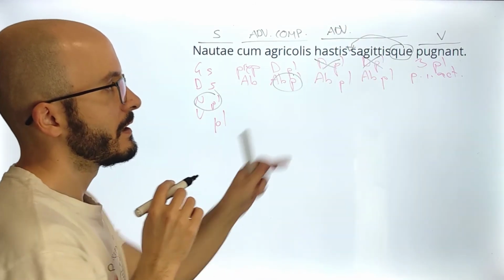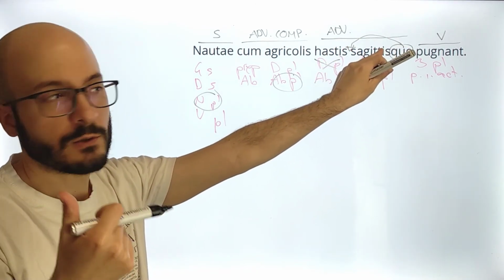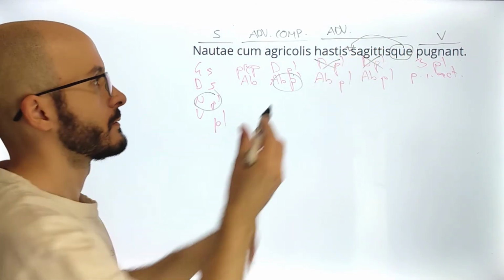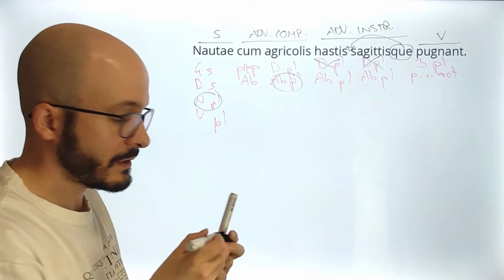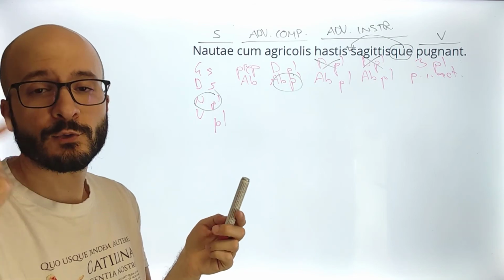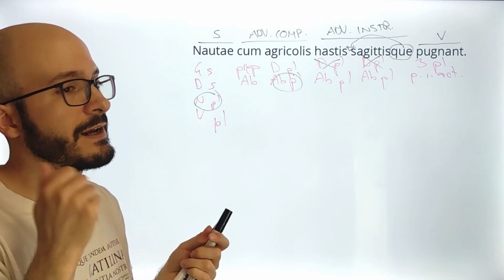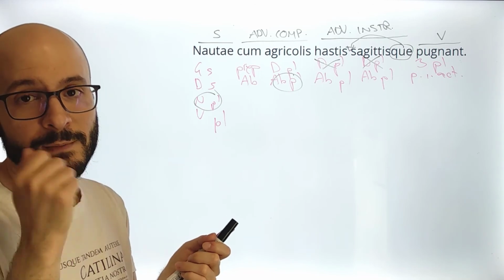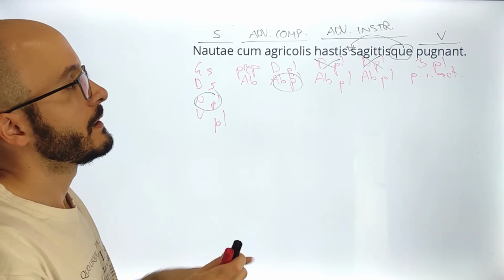but in this case with spears and arrows. So that's the instrument, no, adverbial of instrument. And yes, you might remember the example that I gave in the theory, that I nail with the hammer, and with the hammer is the instrument, okay?